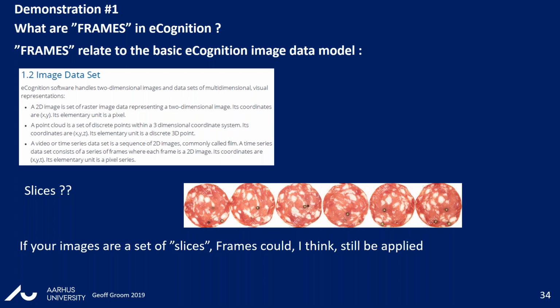And in medicine, there are lots of situations, such as with CT scanners and biopsy slices, thinking in terms of slices and needing to do image analysis across slices. So there was this concept of slices in eCognition for many years, and I can see that that's now dropped out of the user manuals, and I can't find a single use of the word slice in the user manual or the reference book now.